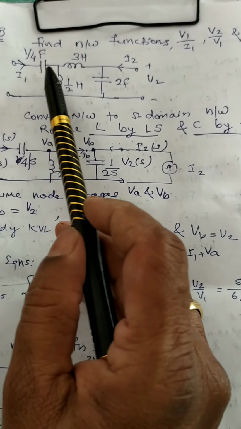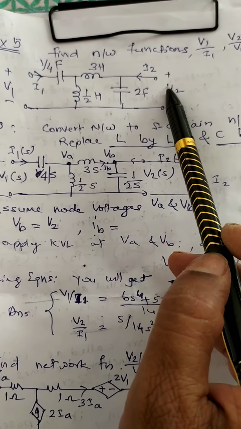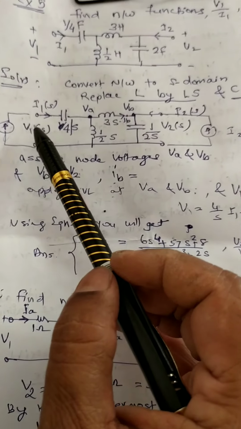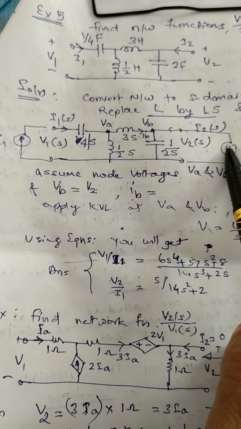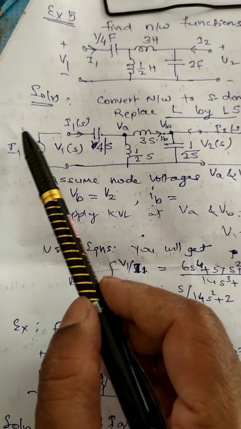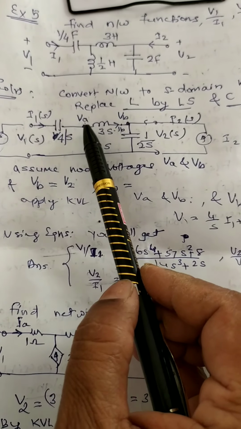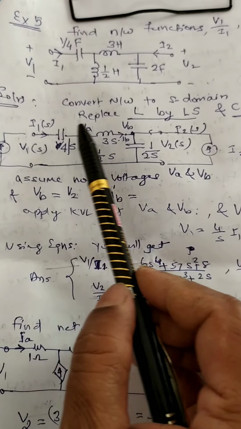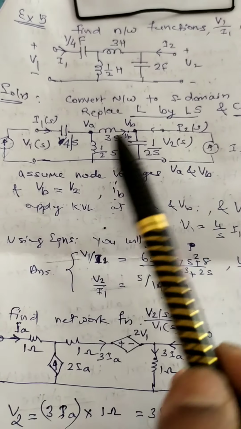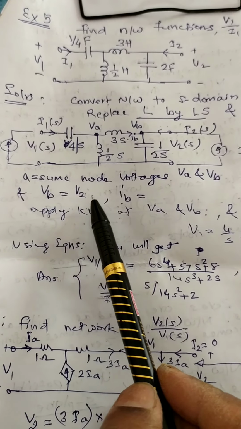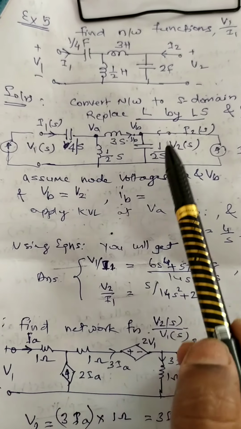And the network is like this. Values are given. V1 is marked here, V2 is marked here. One hint I can give is that you connect one current source here and one current source here. Call these input port currents I1 and I2, call the node voltages VA and VB, and write the various possible equations. Here VB is equal to V2, and then you can define IB, the current flowing through this branch.